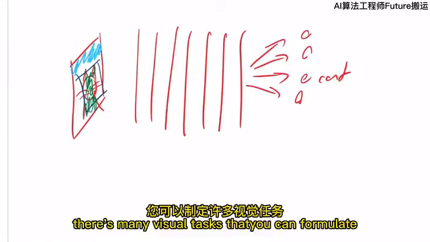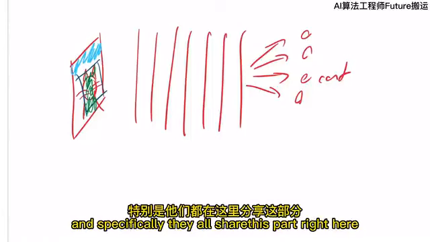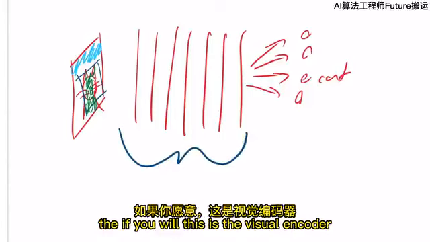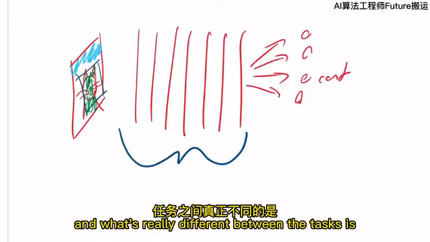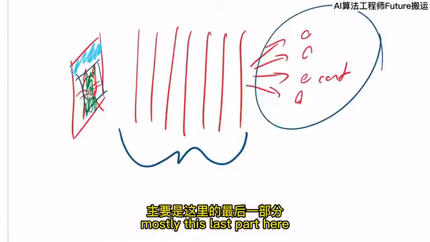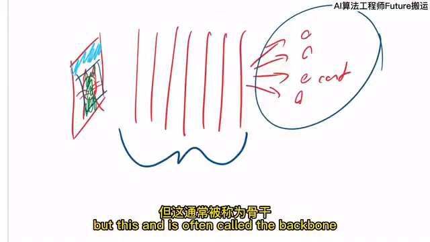There are many visual tasks that you can formulate, and they all sort of share the same architecture. Specifically, they all share this part right here. If you will, this is the visual encoder. It's usually a convolutional neural network, and what's really different between the tasks is mostly this last part here that does the actual task. But this is often called the backbone.